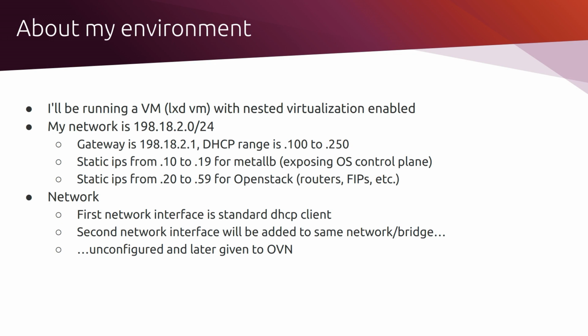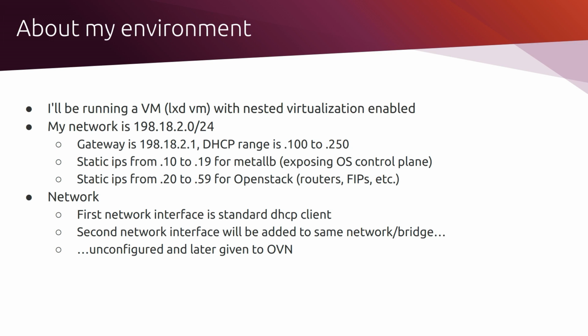My network is this one, 198.18.20.0/24. The gateway is .1. The DHCP range in that network, which is being managed by LXD itself, is from 100 to 250. I'll basically be using just one IP in this range, which is the IP for the VM itself.